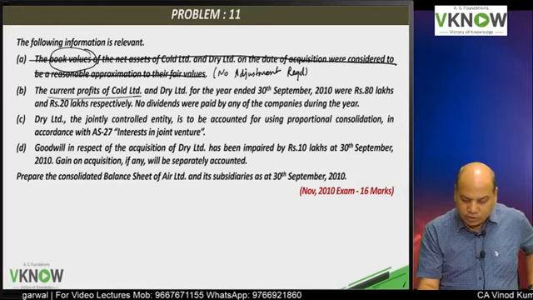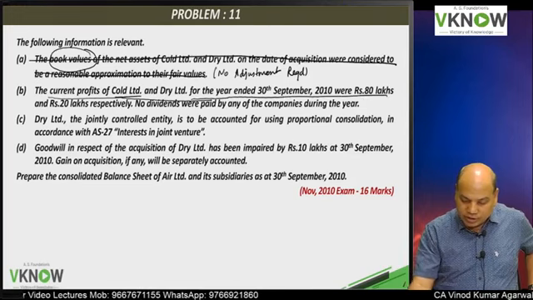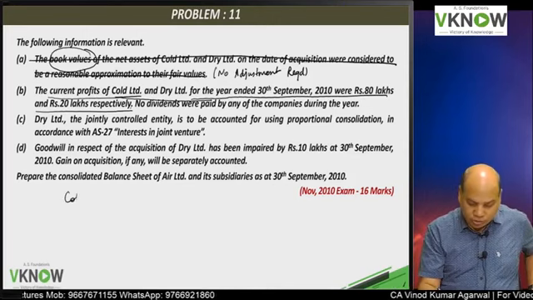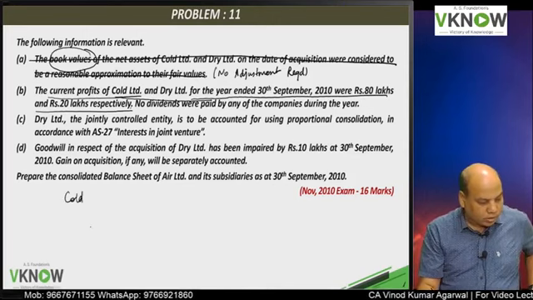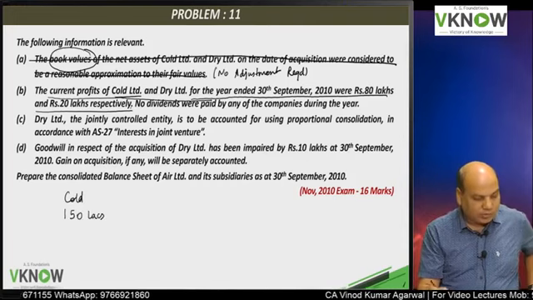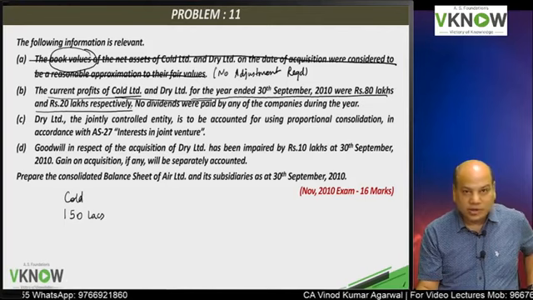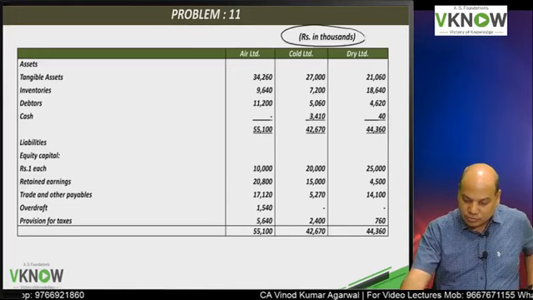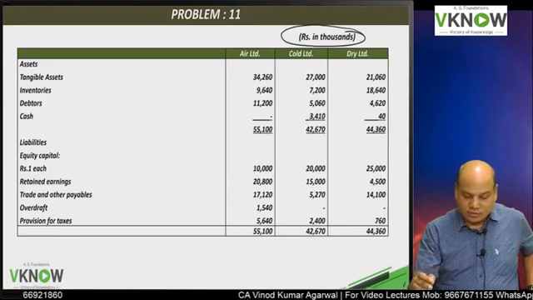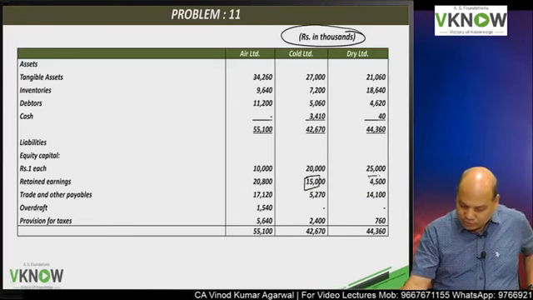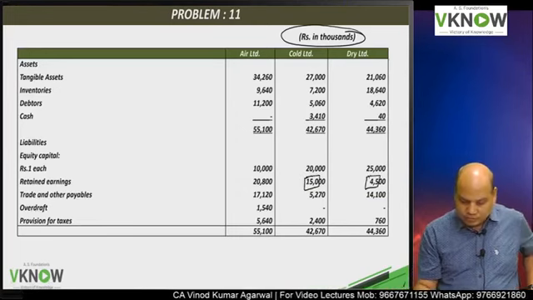The current year profit of Cold and Dry are 80 lakh and 20 lakh respectively. Look at the balance sheet of Cold. Retained earning is 150 lakhs, middle column, liability side. In the balance sheet, figures are given in thousand, but I am going to write the answer in lakh. So this is 150 lakh and this is 45 lakh.